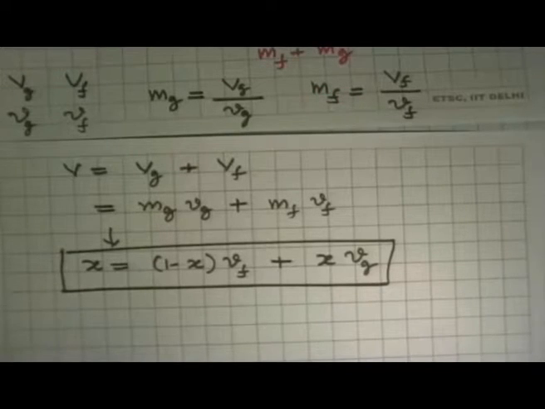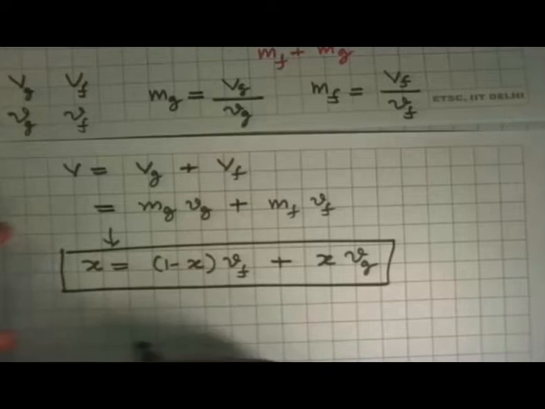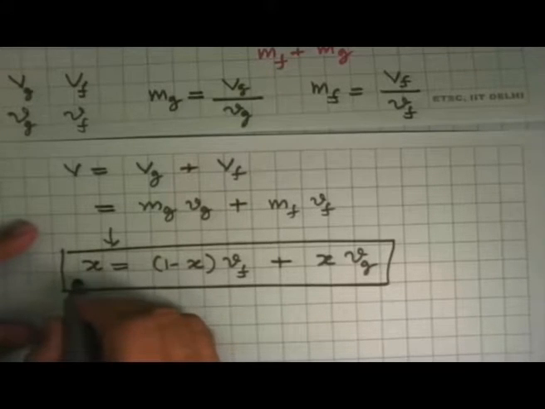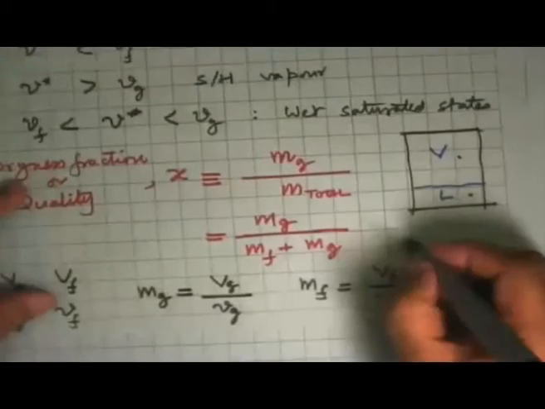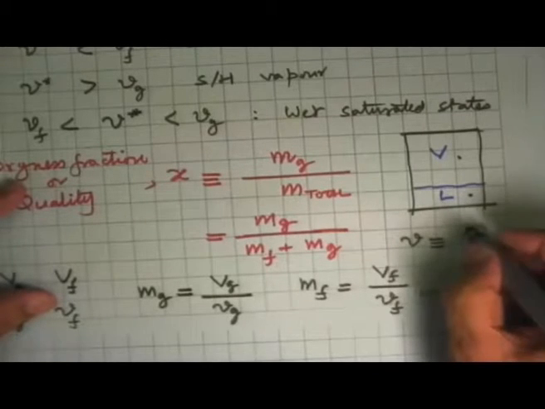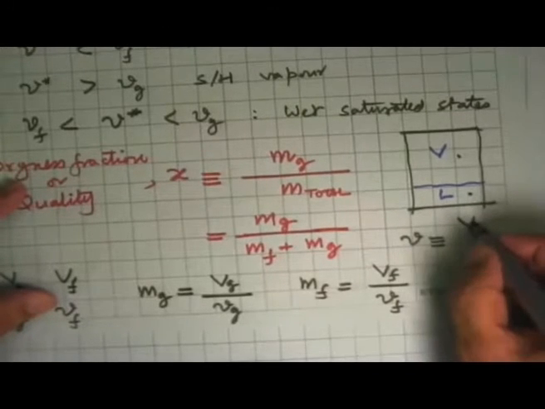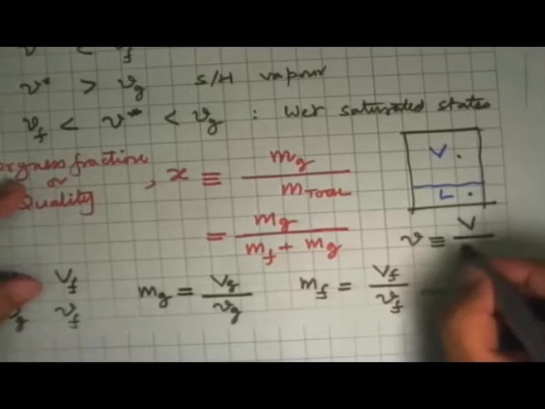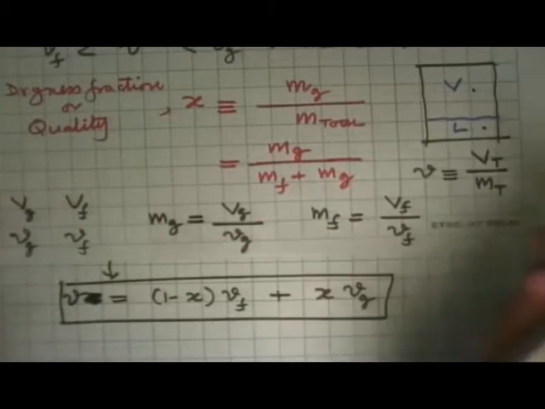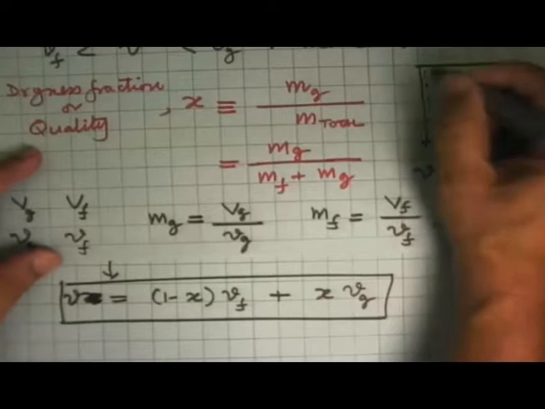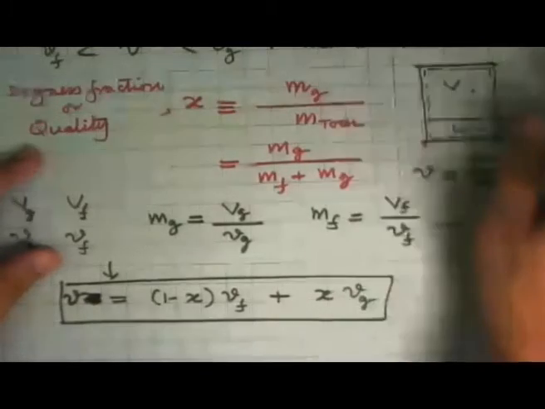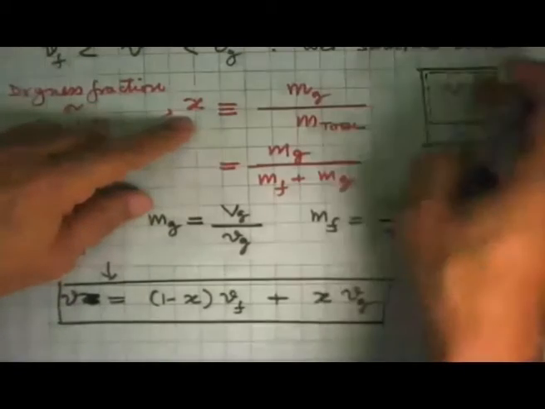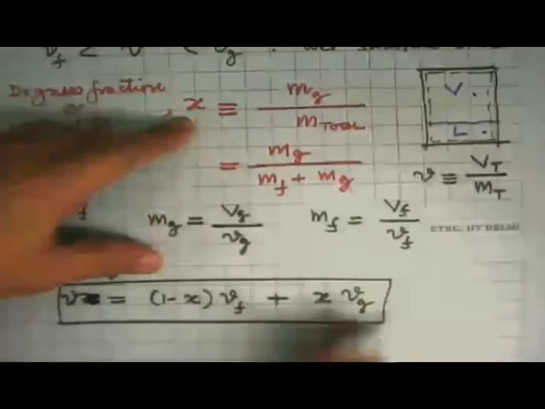Here v is V total upon M total. I haven't defined it earlier. What it means is that if this is the whole system, then the dryness fraction of this is X, and the specific volume of this is given by this expression.